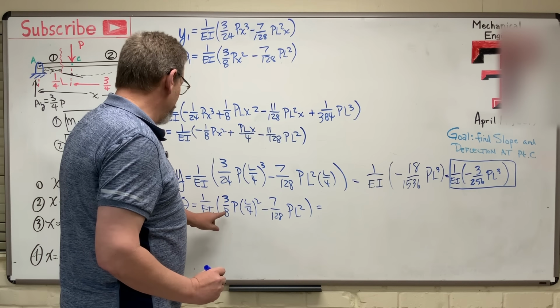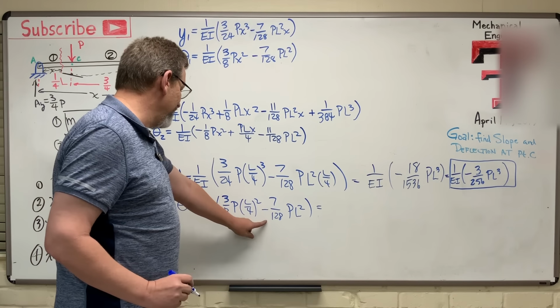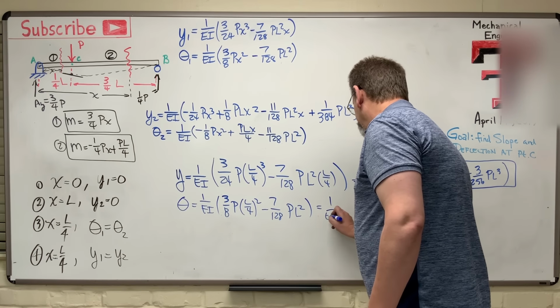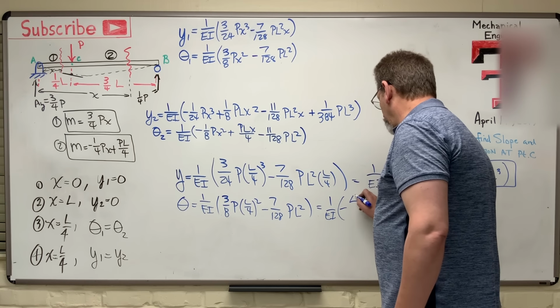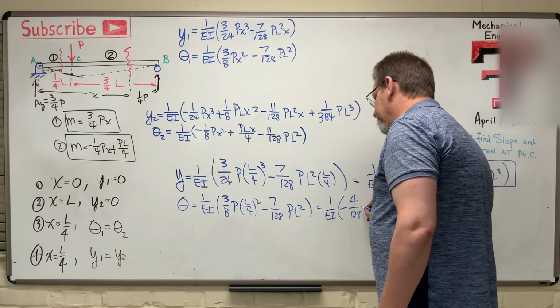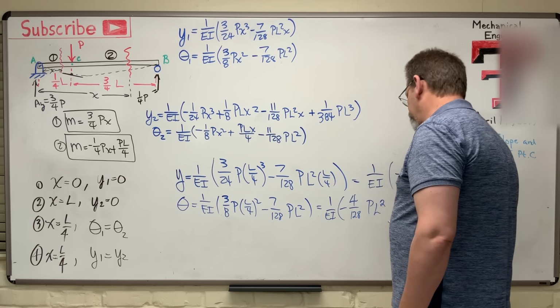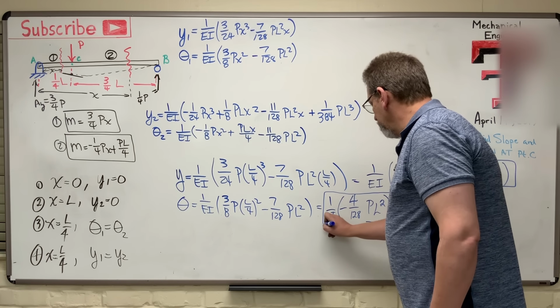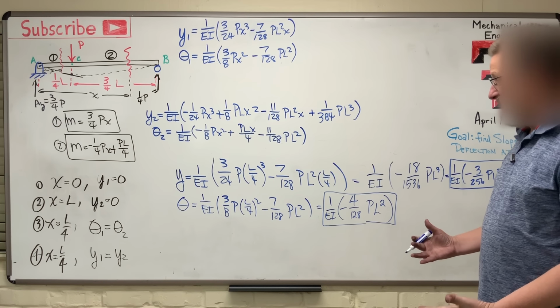So that's going to be 3 over 128 minus 7 over 128, which is minus 4 over 128 times P L squared. And that, my friends, is the slope at point C.